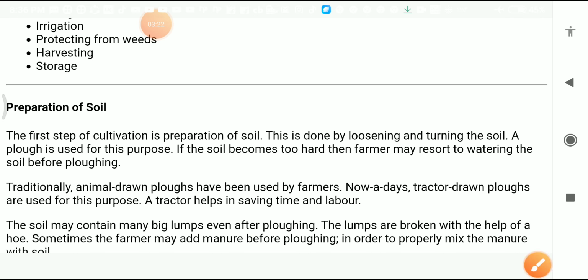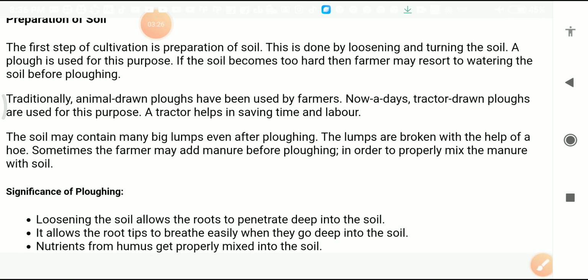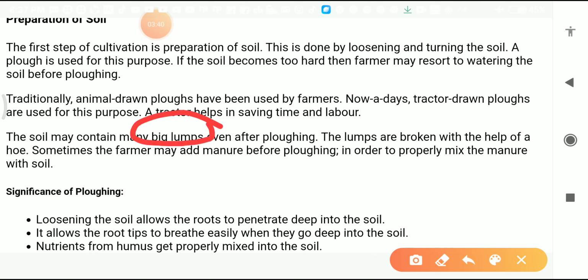Now in the next paragraph we will see that the soil may contain very big lumps. Lumps means big pieces of soil. After plowing is done, big lumps are present in the soil. So how will you remove the big lumps?